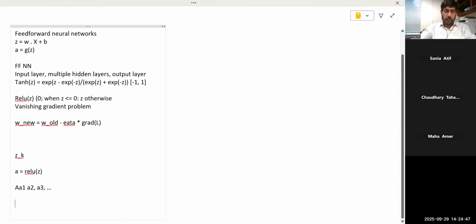ओके। सो लेट मी, ठीक है। So let me ना पहले मैं जरा नोटेशन डिस्कस कर लेता हूँ थोड़े से, then I can probably take your questions in a better way. So we said that we have multiple layers in a neural network. Input typically हमारे पास x है, and again I'm writing this as one example, x is a vector.